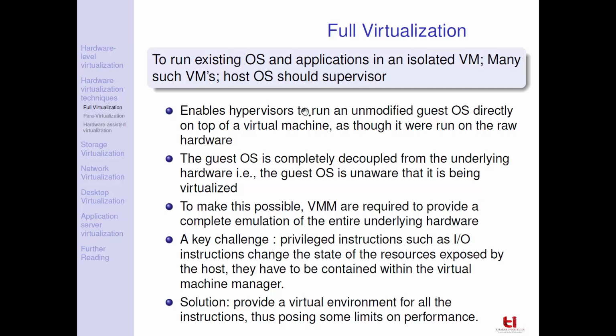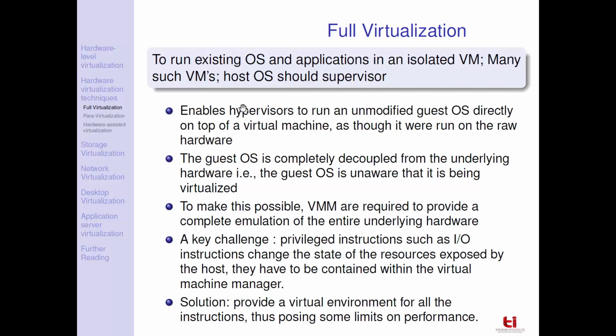So what happens in full virtualization? In this, the virtualization layer completely decouples the guest operating system from the underlying hardware. So the guest operating system requires no modification and is not aware that it is being virtualized. Since it is completely decoupled from the hardware, it does not require any modification.